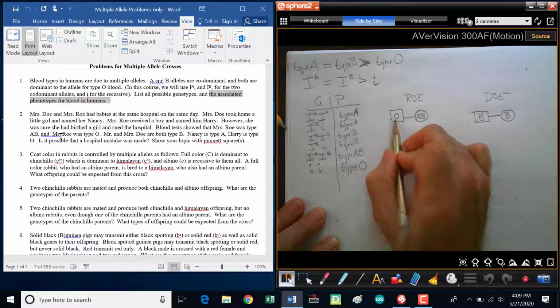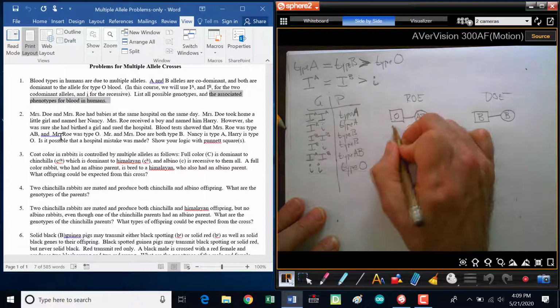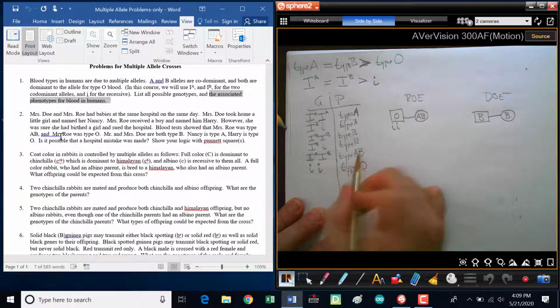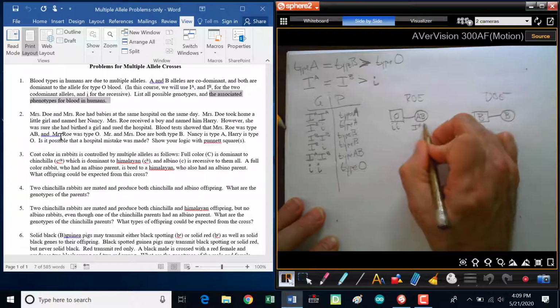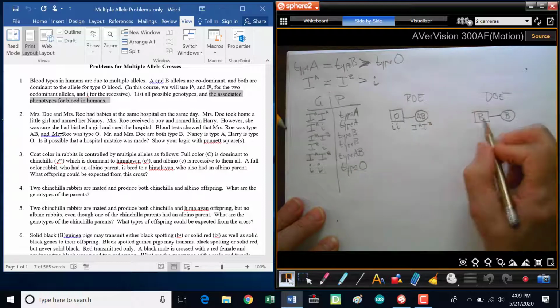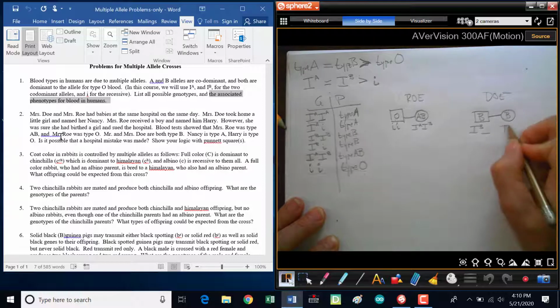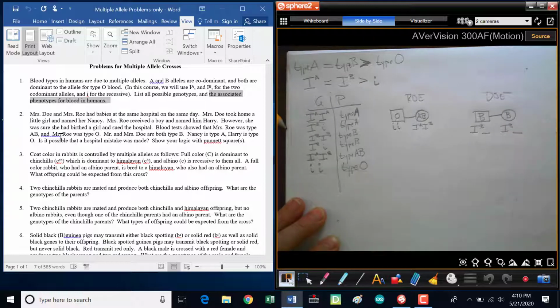So let's consider these guys. Type O, most recessive, she's little i little i. Type AB, there's only one way to be type AB. He's IA IB. Now, the Does are a little harder because there are two ways to be type B: IB little i and IB IB. So we don't know what that one is, and we don't know what that one is. Now, here's the tricky part.